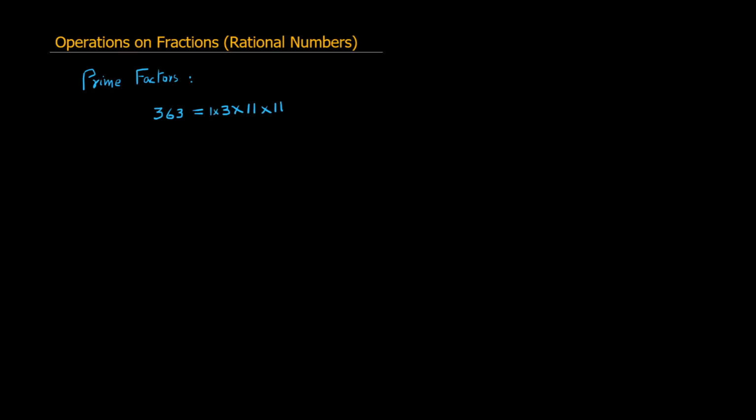Also you can put 1. The second number was 540 and there were two 2s, three 3s, and a 5. These are the smallest factors.